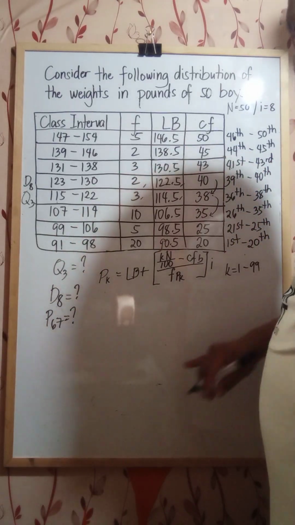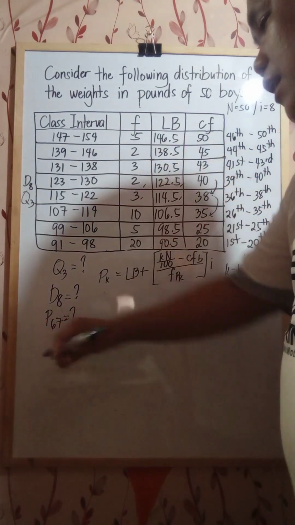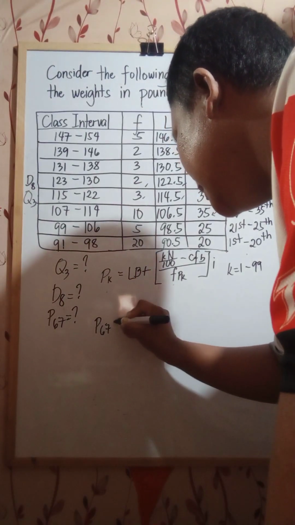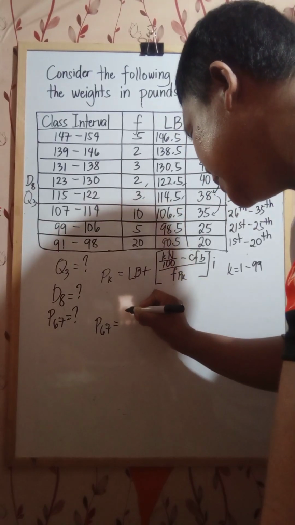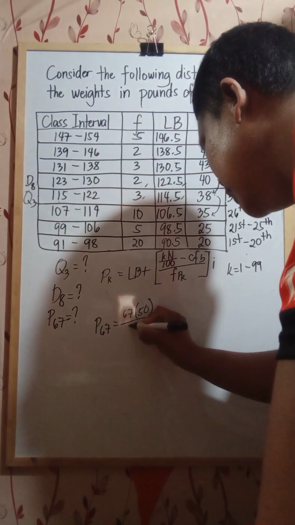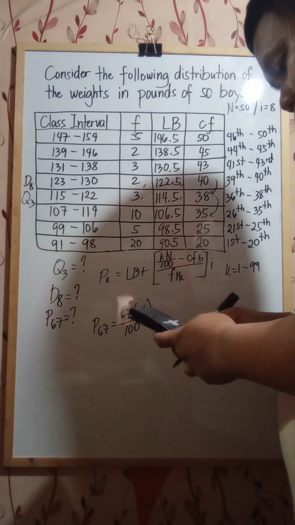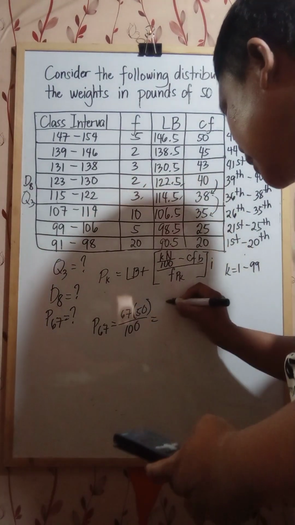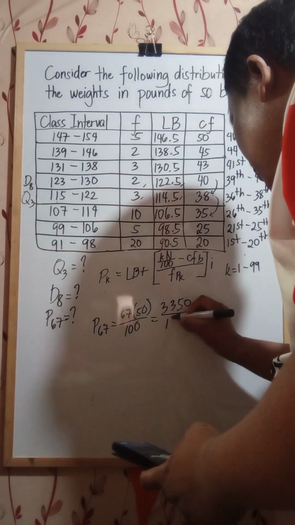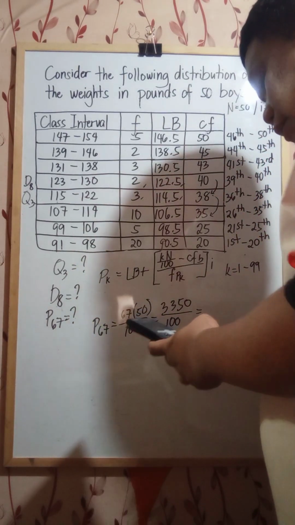Okay? So, first, we are going to locate the position of the 67th percentile. P sub 67 equals K, which is 67, times 50, all over 100. So, 67 times 50 is 3,350, divided by 100, that is 33.5.